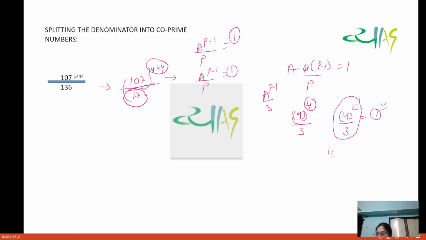But still, if we multiply 2 into this, then we are multiplying a minus 1 into 2 divided by 3.